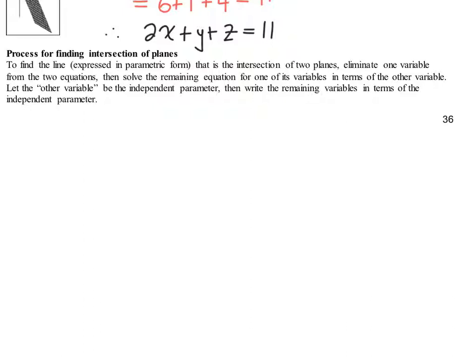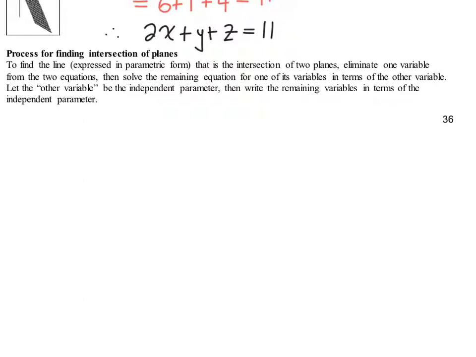You have to find the parametric equation of the line that represents the intersection between those two planes. Because if you imagine two planes intersecting, the path generated by that intersection will be a line. And we've already covered that the only way to represent a line in space is with parametric equations. So this technique is going to help us do that.